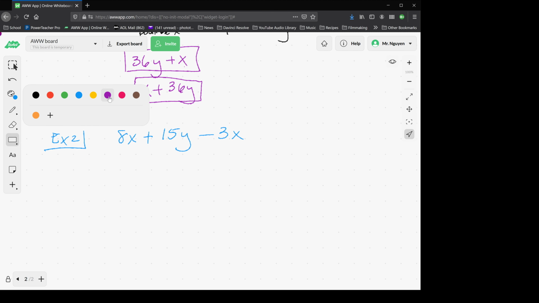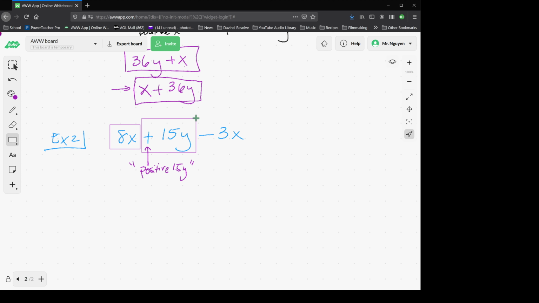So the first term is just 8x. And because there's no sign in front of the 8x, we know that that's going to be positive 8x. The next term we box is 15y, positive. Remember, box it with the addition sign, because the addition sign you can think of as just positive, since it's a positive number, positive 15y.